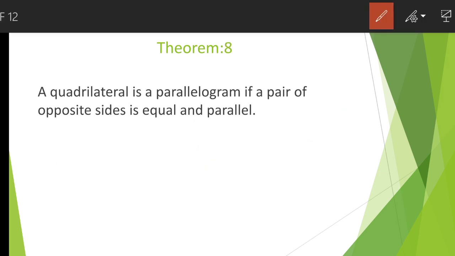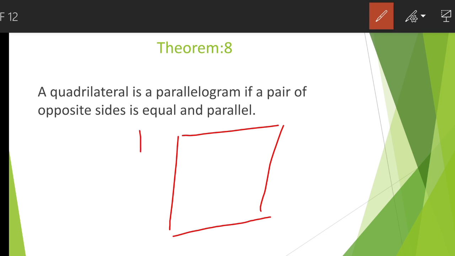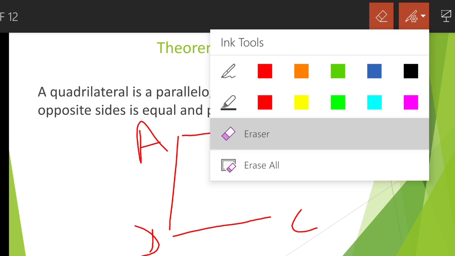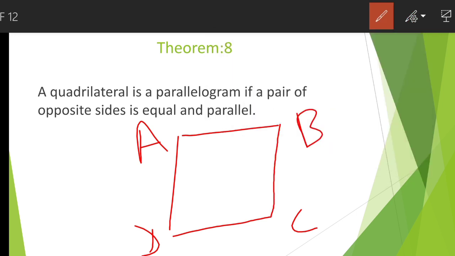Theorem 8. A quadrilateral is a parallelogram if a pair of opposite sides is equal and parallel. Let us consider a quadrilateral ABCD.